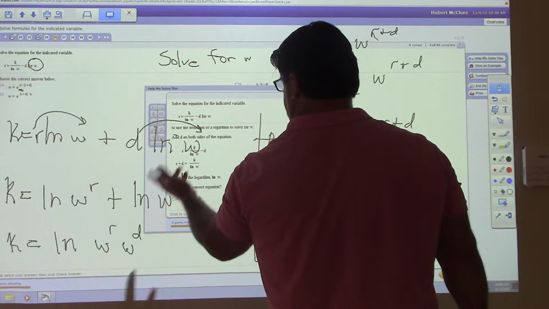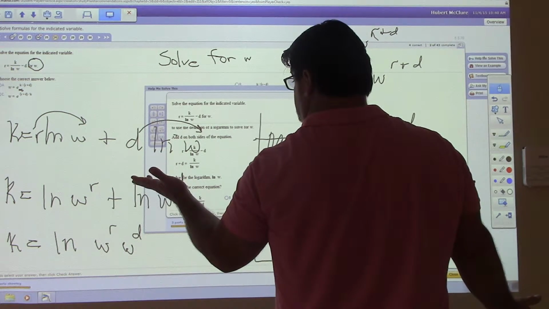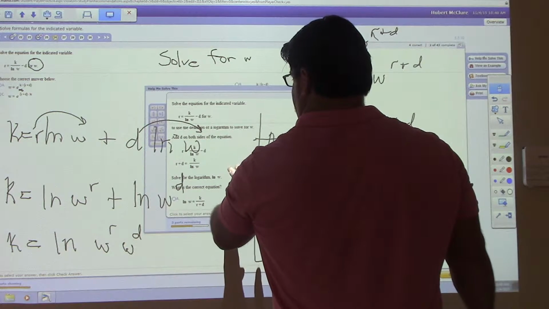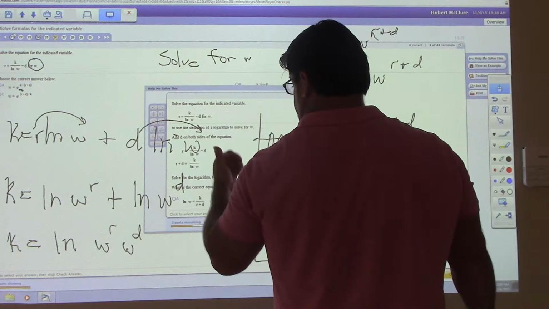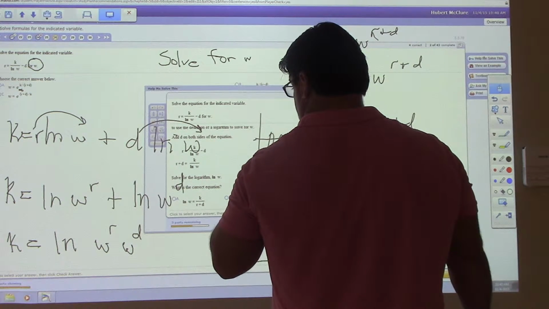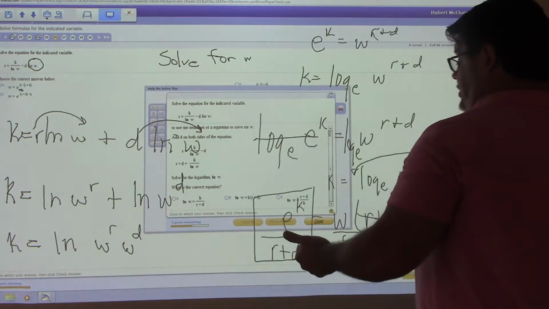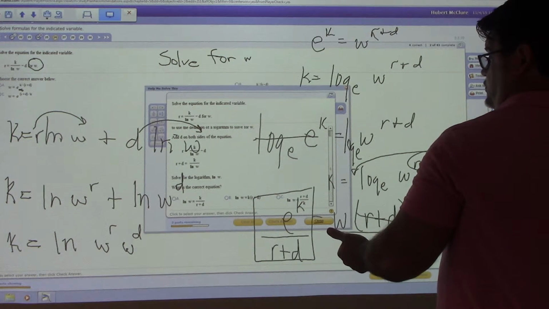Natural log on both sides to get rid of the fraction, did we do that? Yes or no? Yes. Okay, so that'd be K is equal to natural log of W, R plus D. Did we get that? Or the natural log of W is equal to K over R plus D. We did K equals natural log of W, parentheses, R plus D.